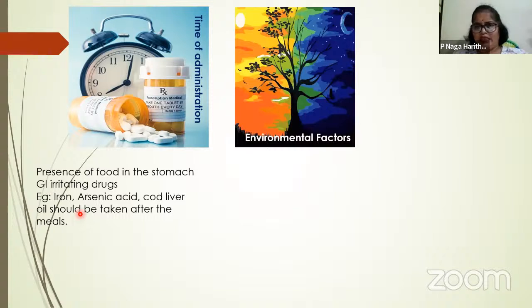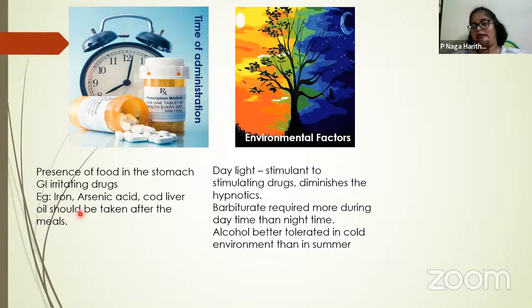Environmental factors here is not about a rainy day or sunny day or winter. Yes, of course, cold conditions and hot conditions do have an influence on the dose. But here we are going to see the day, the sunlight conditions and the dark conditions, day and night. Okay. During the daylight, the drug absorption will be faster for certain drugs called stimulating drugs, which are going to cause some stimulation in the body.